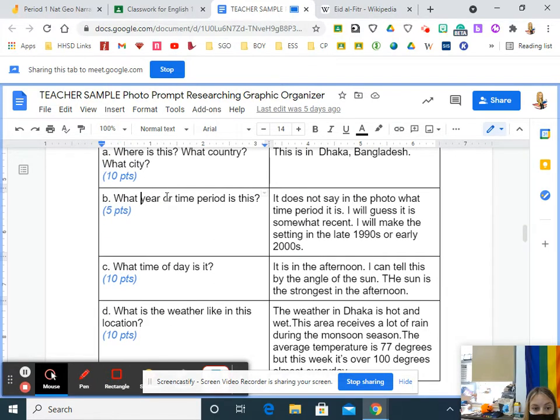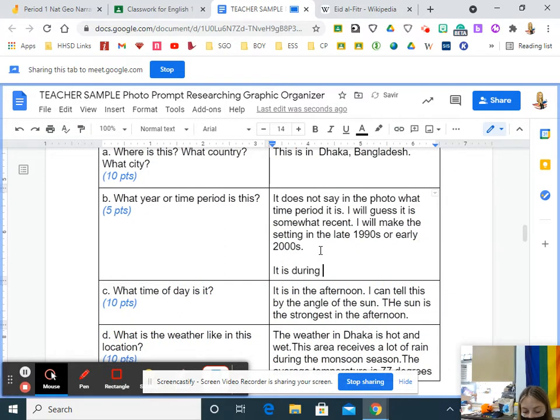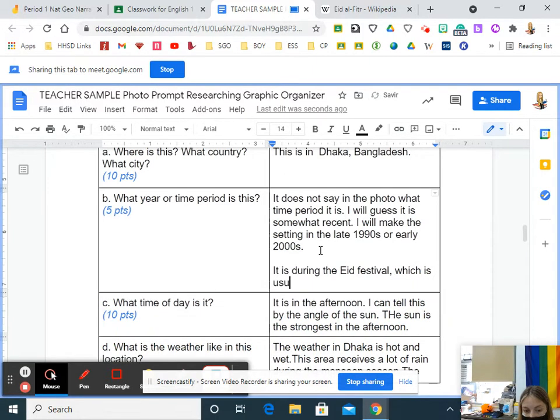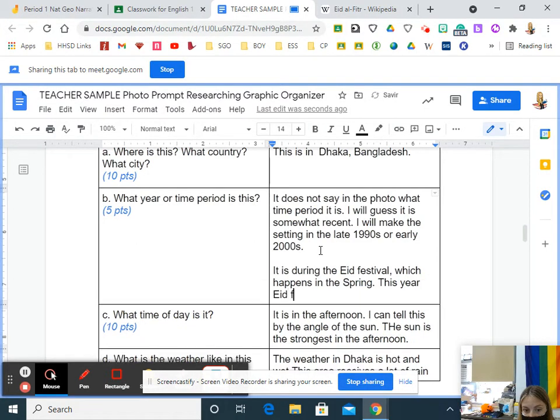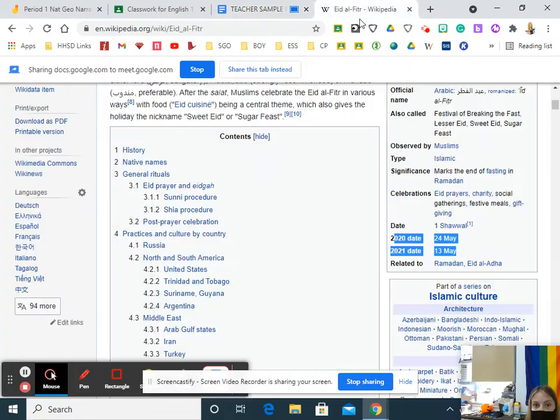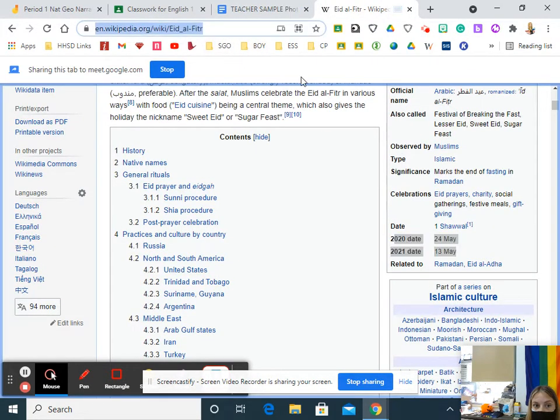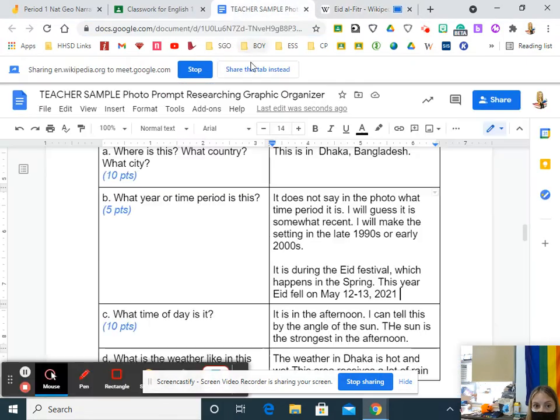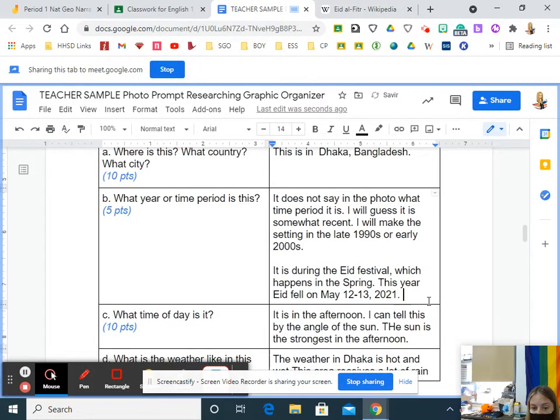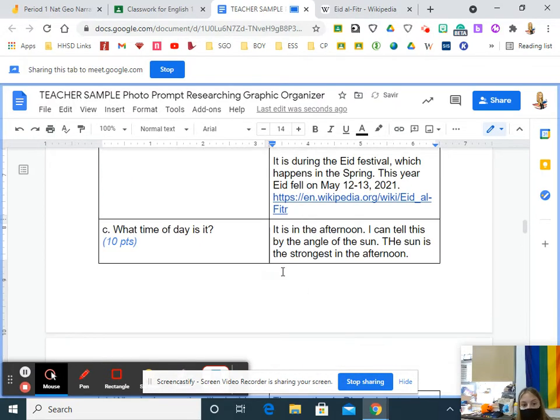Where is that? What time period or year is it? So it didn't tell me the year, but it told me, and then to prove that I'm researching, I copy the website and I paste the website in to my document.